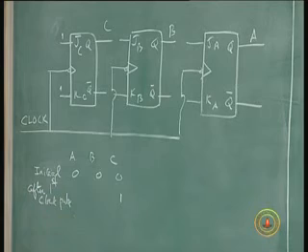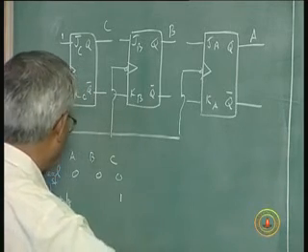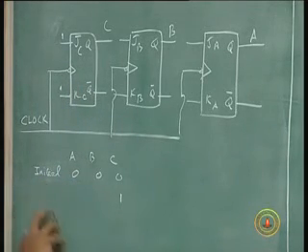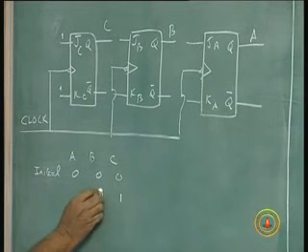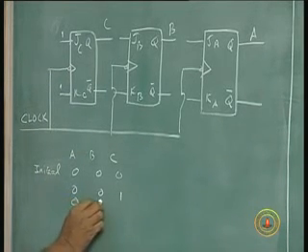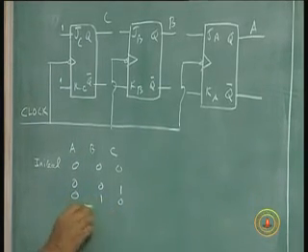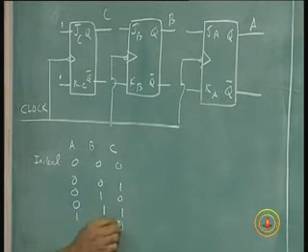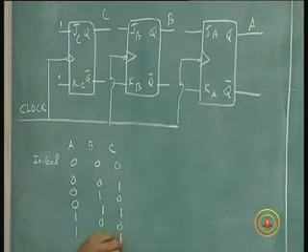Now, okay, let me put it the other way. Let me not write what happens here. Let me write the sequence I want. I want this sequence. This is my desired sequence, natural binary sequence.